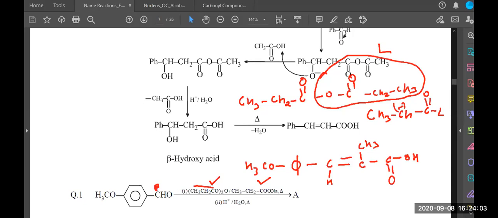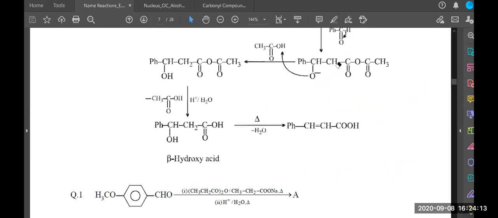Okay, very good, everyone. Now, if you have a doubt and can't ask, I'll upload this video on YouTube. You can just see that. So I guess all of you understood what the Perkin reaction is. What is the reactant? The reactant is an aromatic aldehyde and an aliphatic anhydride.